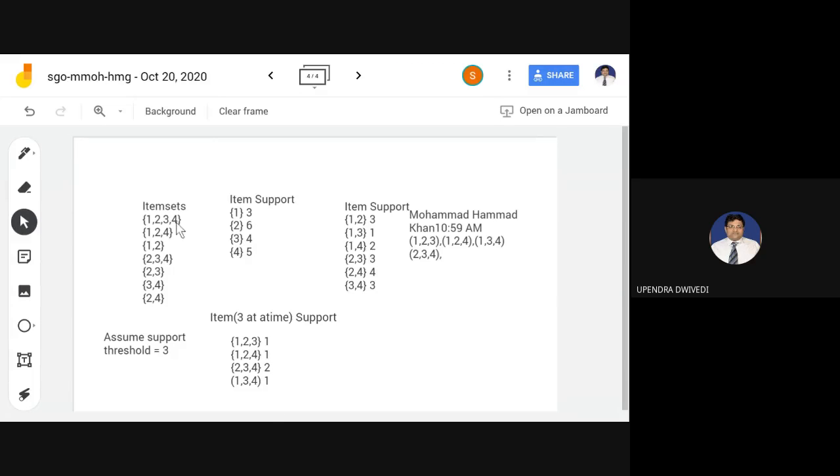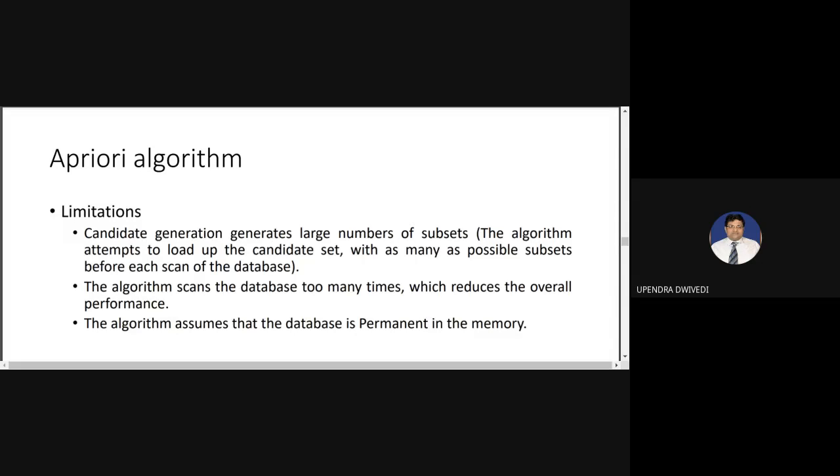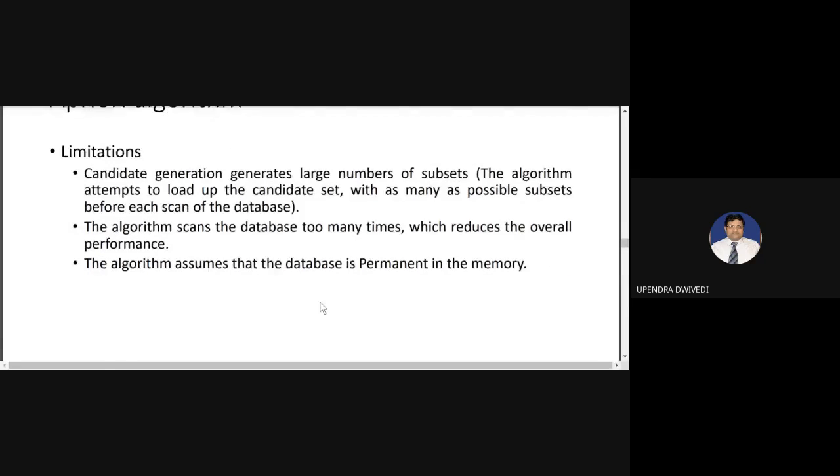If it is being changed, then the steps we have taken till that time will be of no use. We assume this will be permanent, but that is not the case, because a database changes frequently. So that is one limitation of the Apriori algorithm.